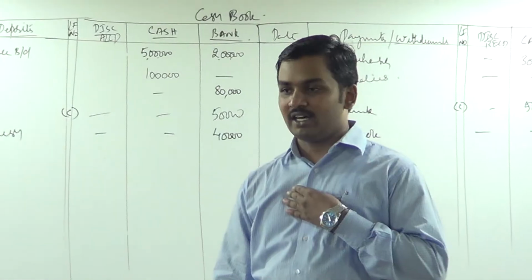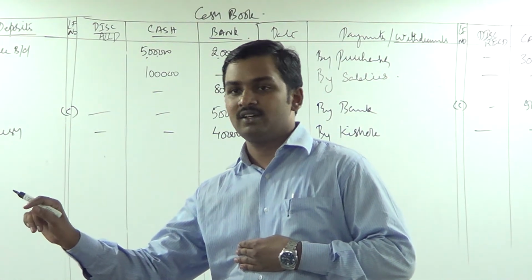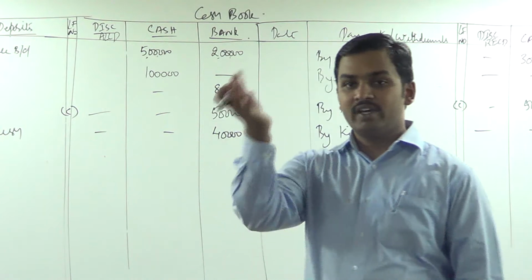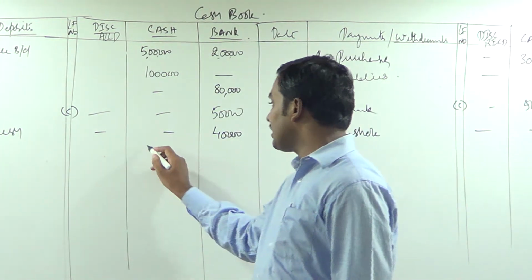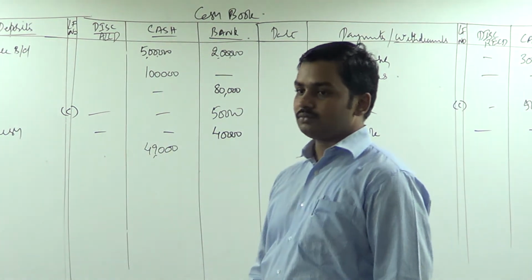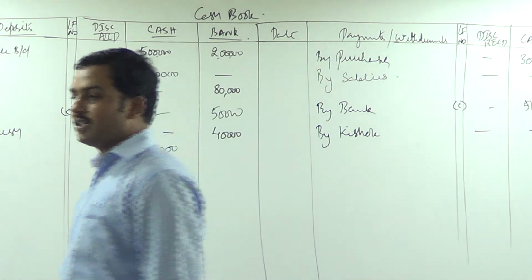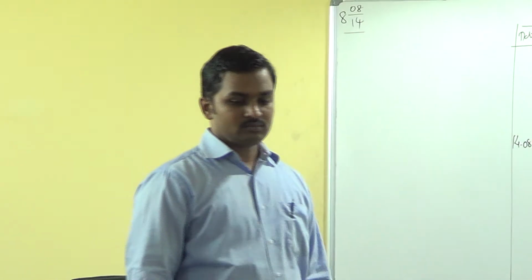Cash account debtor, discount account debtor, to Jitesh account credit 50,000. Cash account, we are receiving cash. How much cash are we receiving? 49,000. So cash account 49,000.